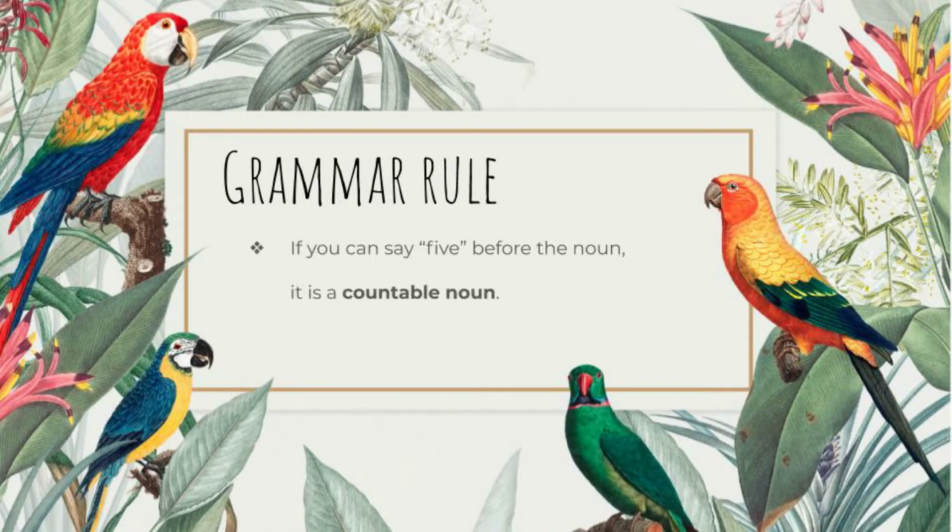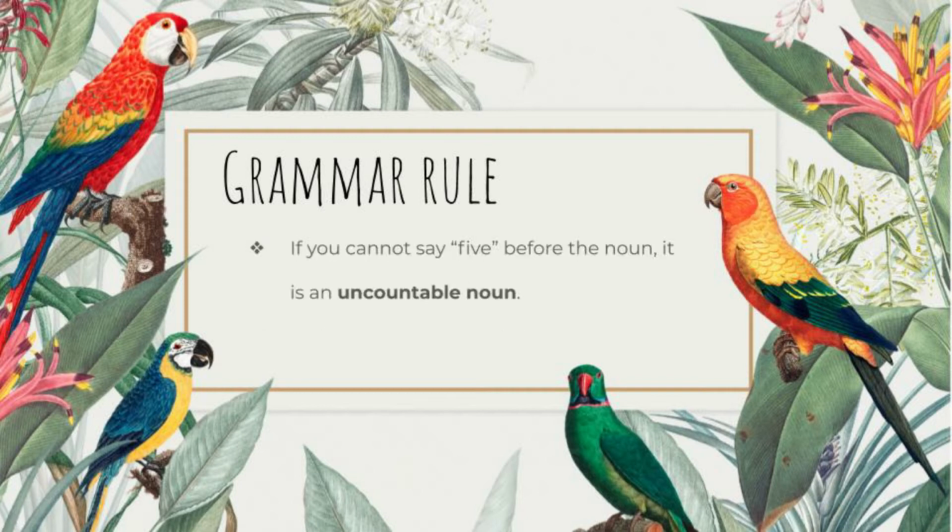Grammar rule. If you can say 5 before the noun, it's a countable noun. For example, 5 apples, 5 horses, 5 chairs.